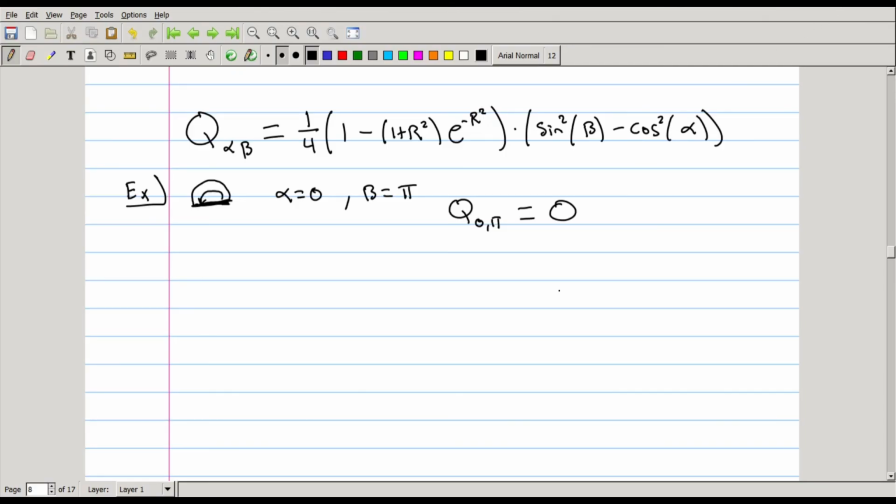If instead we were to focus on the upper right or quadrant 1 segment of this plate, which is this shape, this corresponds to alpha equals 0 and beta is equal to pi over 2, or 90, whereas this was 0 and pi.